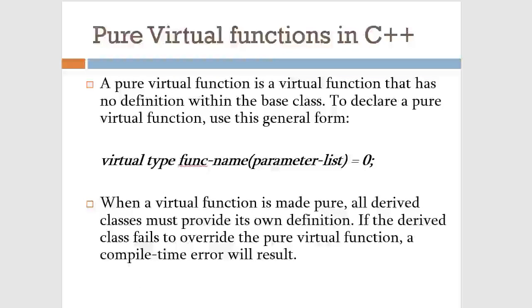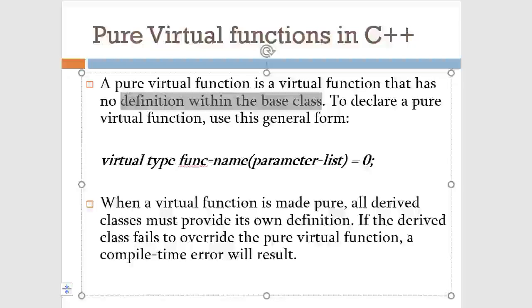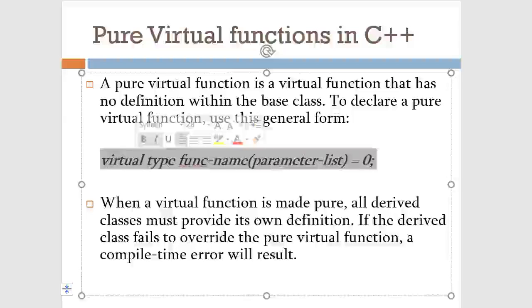Let's understand the syntax of a pure virtual function. A pure virtual function is a virtual function that has no definition within the base class. There is no definition, but there is a declaration, and it is declared within the base class.